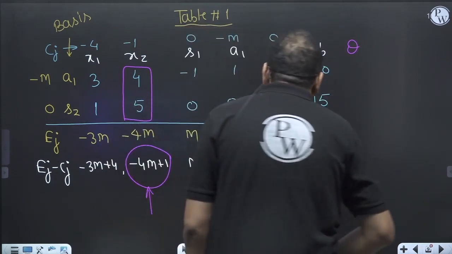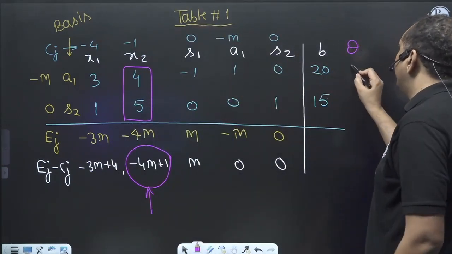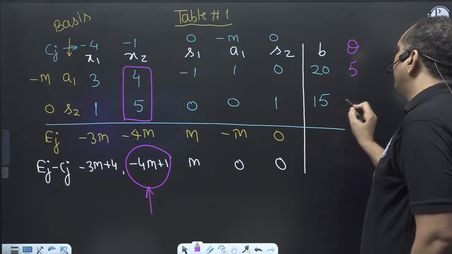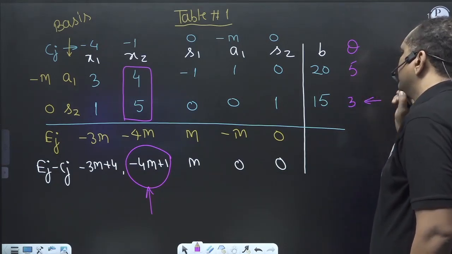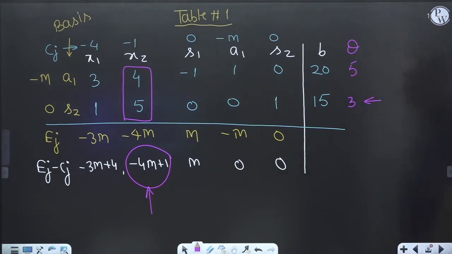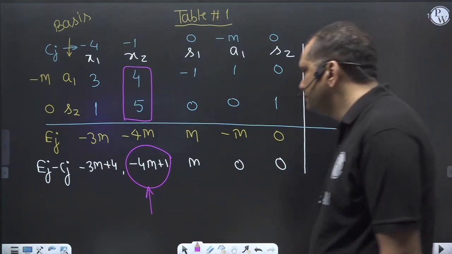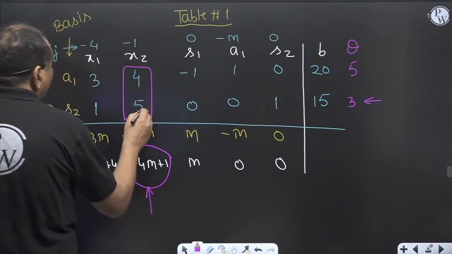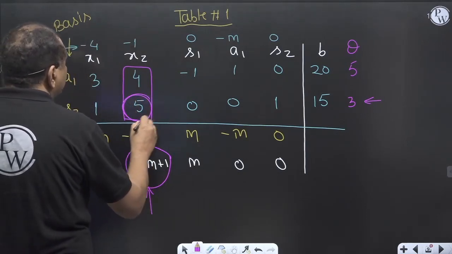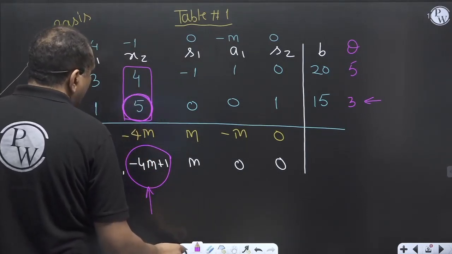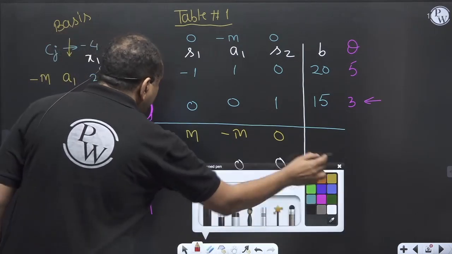Theta: 20 divided by 4 is 5, 15 divided by 5 is 3. I will select the minimum positive. So this is my pivotal value. So what is the decision?